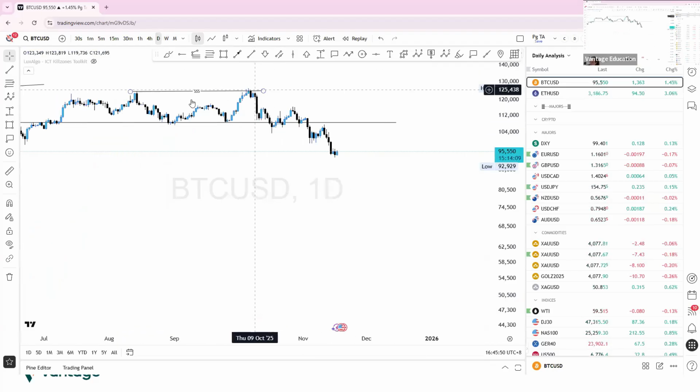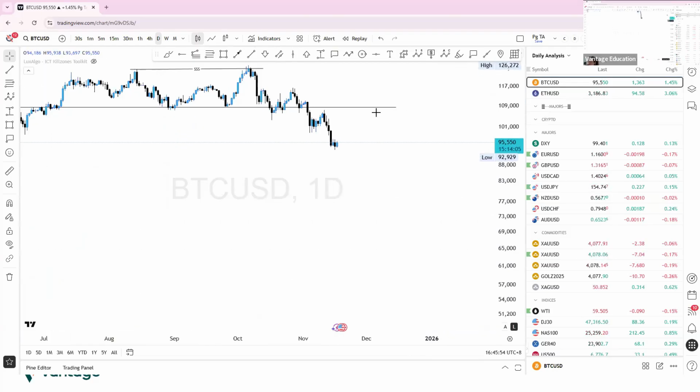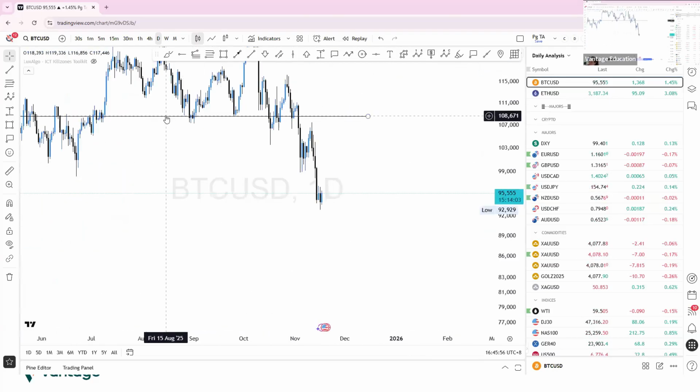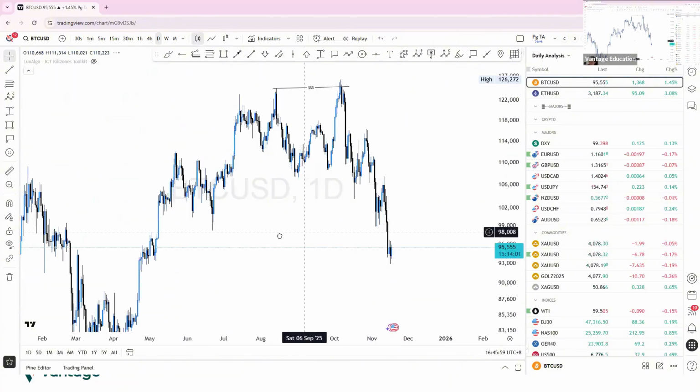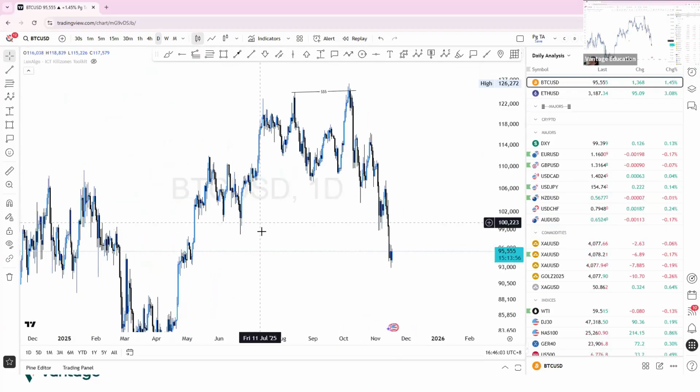Okay, we go to the weekly D1. On the D1 time frame, what do you see? If you look, maybe it's in here.